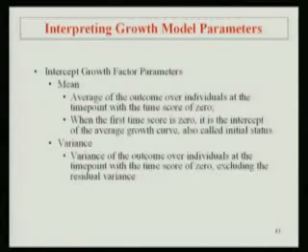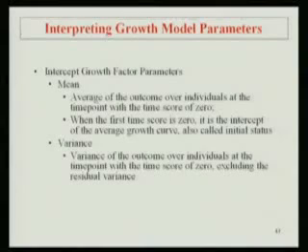So the intercept growth factor has a mean and a variance because it's a random effect. And the mean is just the average of the outcome over individuals at the time point that has the time score of 0. So most of the time we're thinking initial status, that the first time point has time score of 0. But that doesn't have to be that way.